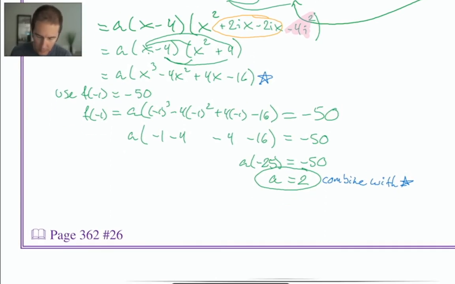But what that's going to let us do is write our second to last line for this problem. f of x is equal to 2 times x to the third minus 4x squared plus 4x minus 16. That's from the starred equation with our a value of 2 plugged in. Now I'm going to distribute, and that's going to be my final answer.